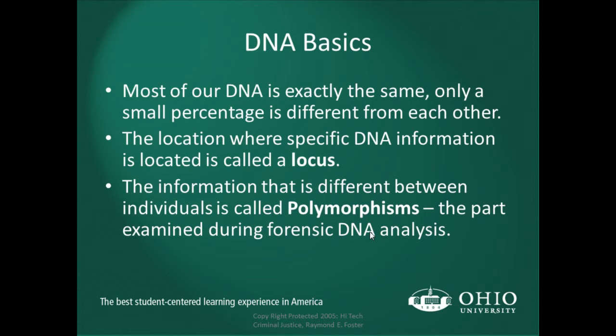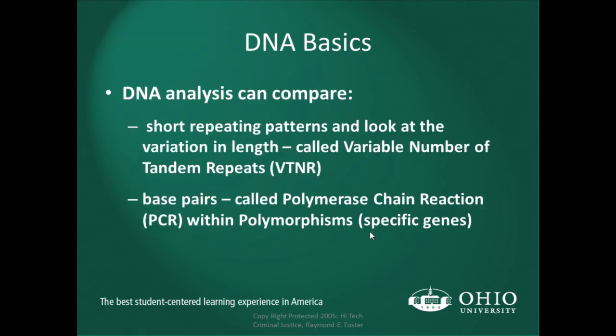Most of our DNA is exactly the same; only a small percentage is different from each other. The location where the specific DNA information is located is called the locus. The information that is different between individuals is called the polymorphism. That is the part that we examine during forensic DNA analysis.